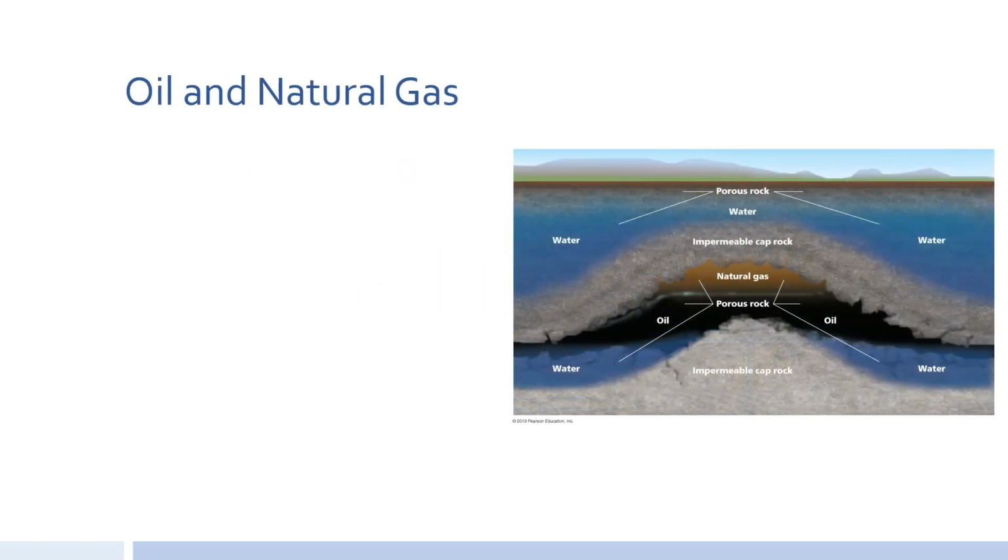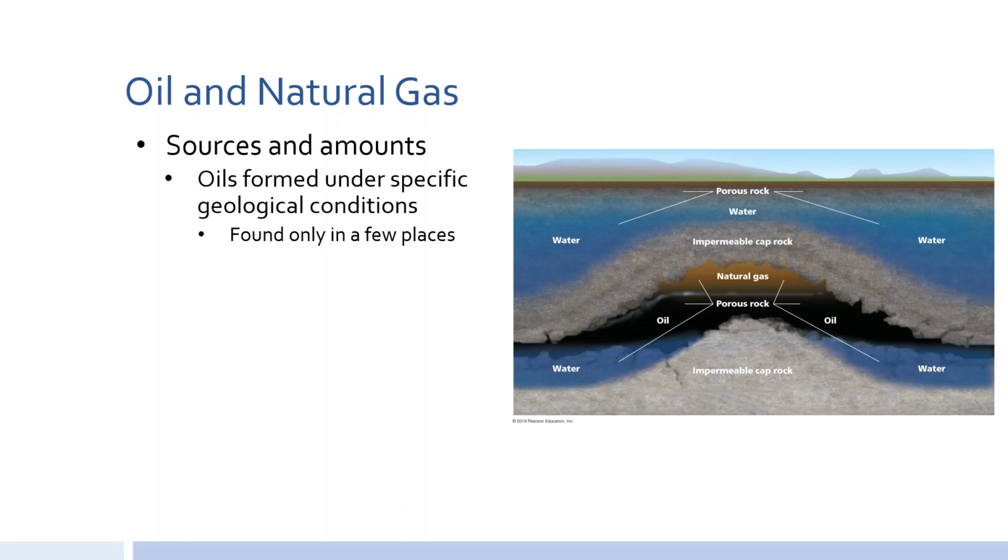Next, I'm going to talk about oil and natural gas. So in their sources and their amounts, oil is formed under very specific geologic conditions, and it's only found in a few places. A lot of the wealth disparities in the world, particularly in the Middle East, are due to countries that have oil and countries that don't have oil.